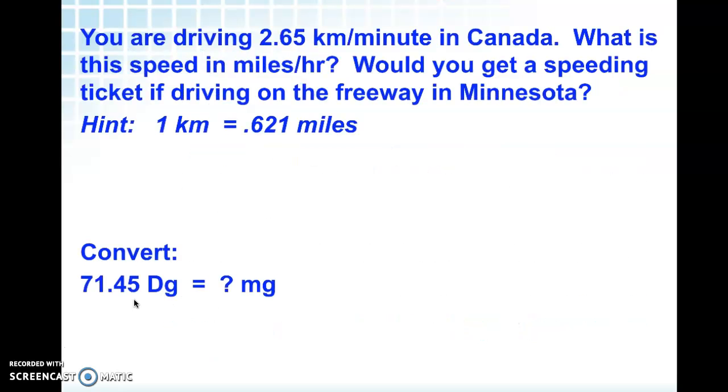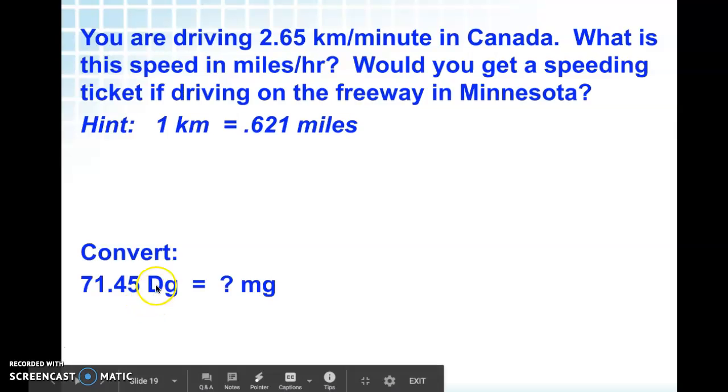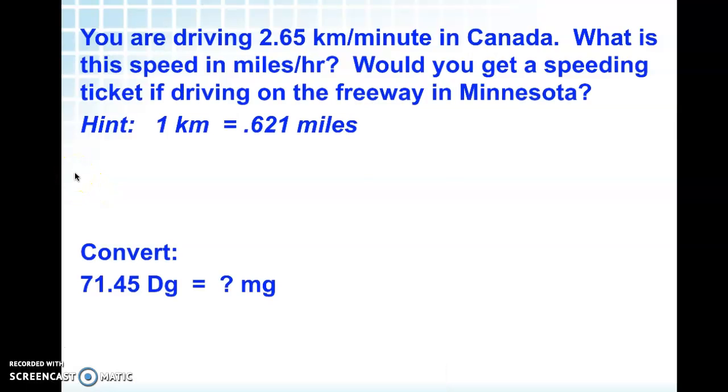So here's a couple practice problems. You're driving 2.65 kilometers per minute in Canada. What is the speed in miles per hour? And would you get a speeding ticket if driving on the freeway in Minnesota? This is kind of a preview of what you're going to see in section 3.3 with dimensional analysis. It's a conversion problem.